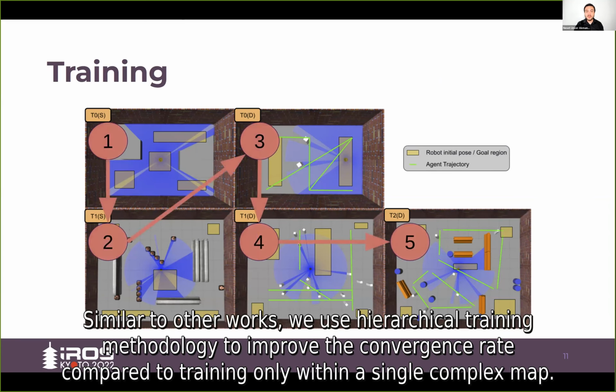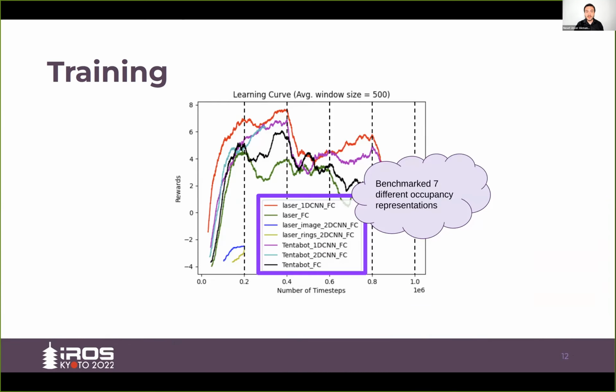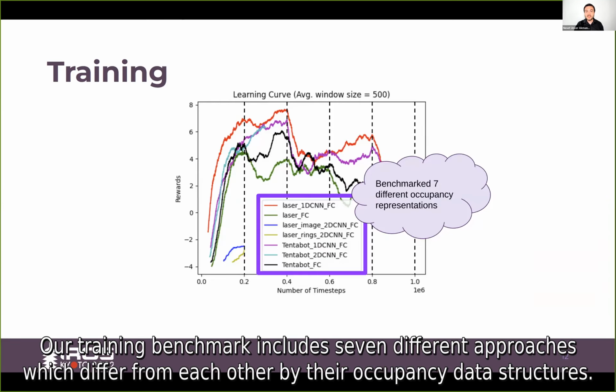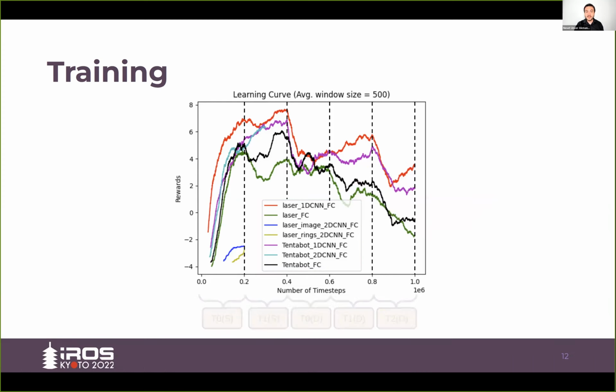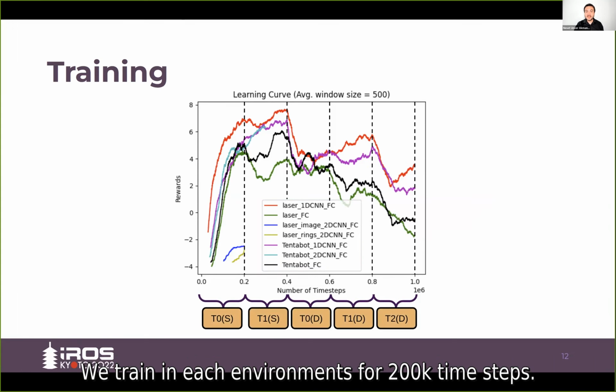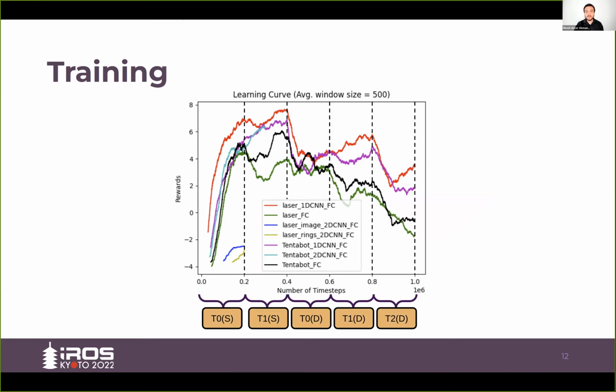Similar to other works, we use hierarchical training methodology to improve the convergence rate compared to training only within a single complex map. Our training benchmark includes 7 different approaches which differ from each other by their occupancy data structure. We train 200K time steps in each environment.